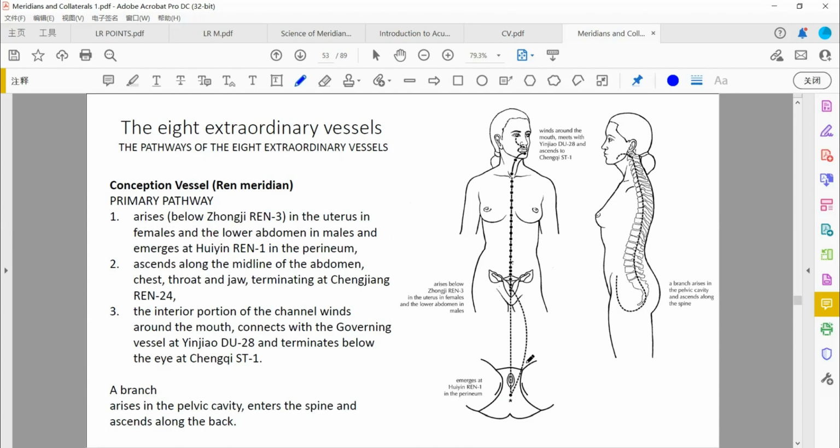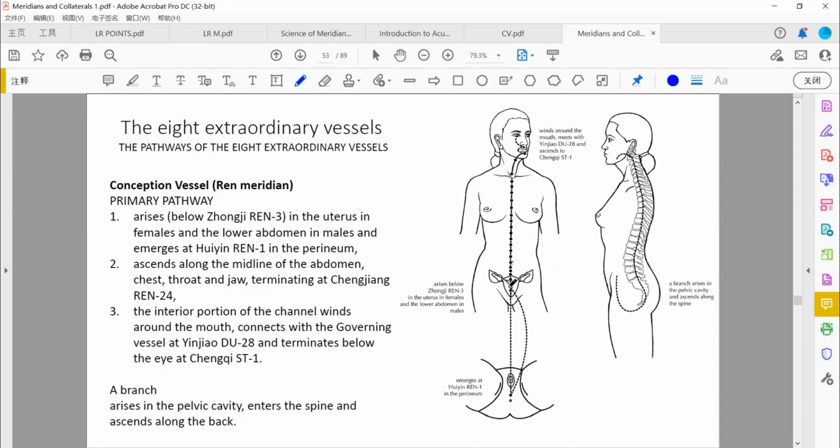It arises in the uterus in females, and the lower abdomen in males, and emerges at Hui Yin, CV1. So from Zhongji, 1, 2, 3, around here, that's CV3. In men, it starts inside the body, not from CV3.